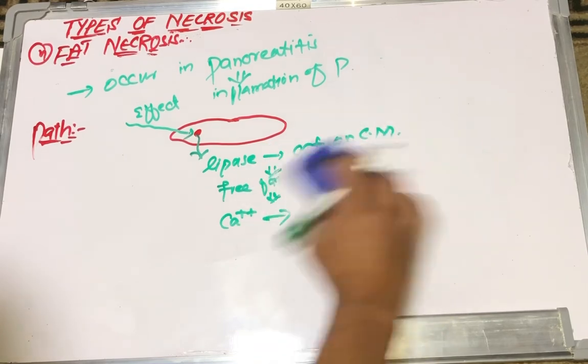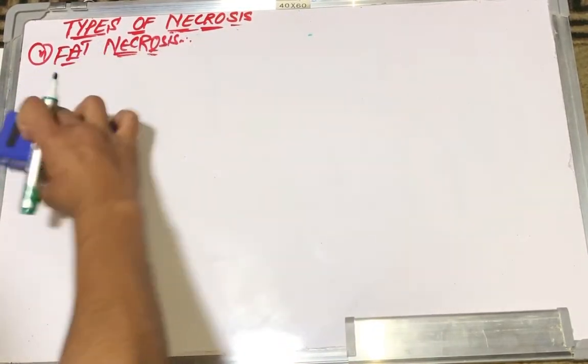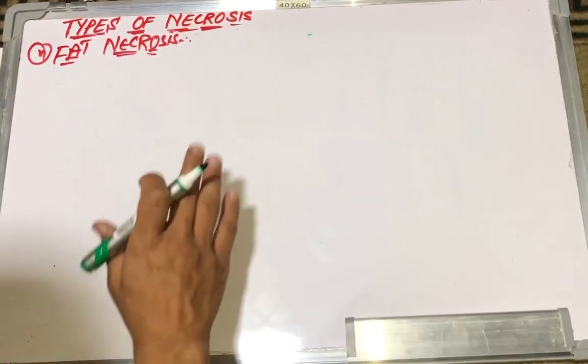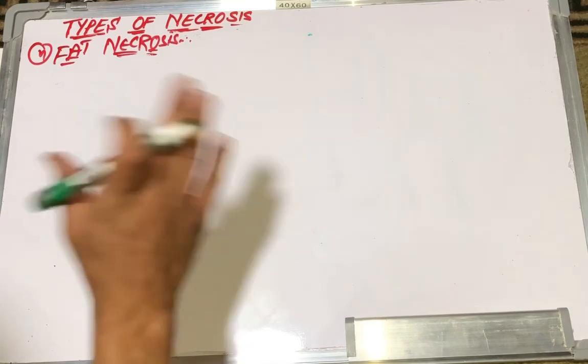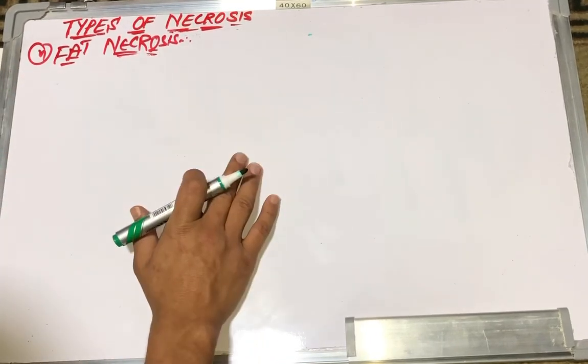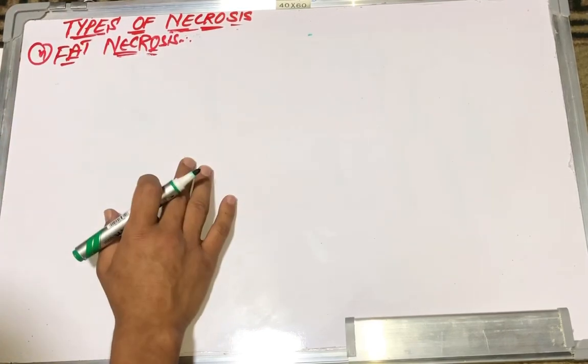What have we studied? In the pancreas, lipase enzyme is secreted. It acts on the cell membrane, from which free fatty acids are produced. These fatty acids combine with calcium and produce a chalky white material. These are the deposits of fat necrosis.